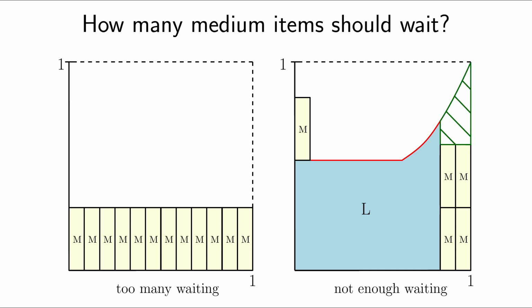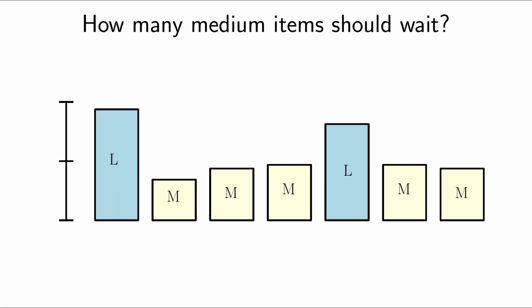The missing part must be compensated by waiting items. I hope I convince you that we must strike a perfect balance with the number of waiting items. To determine how many items should wait, we first consider a simpler scenario where all medium items are the same size, and we generalize it later.